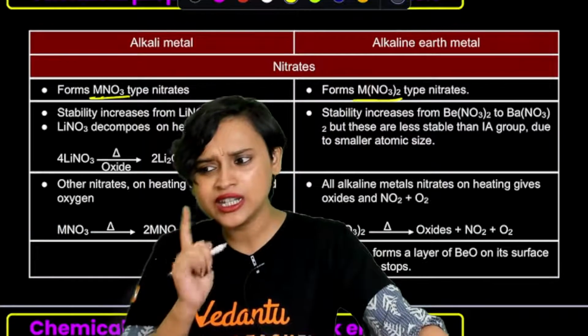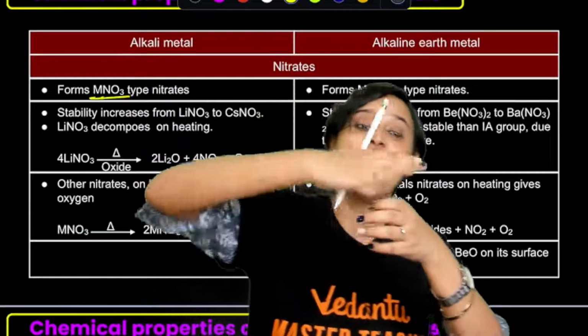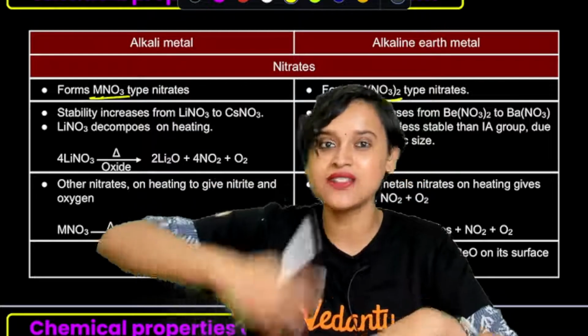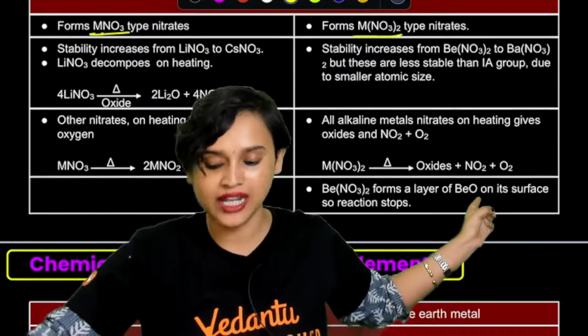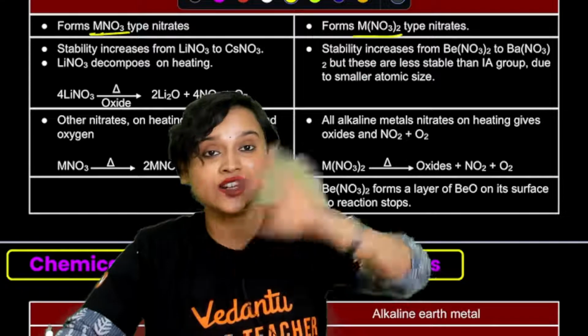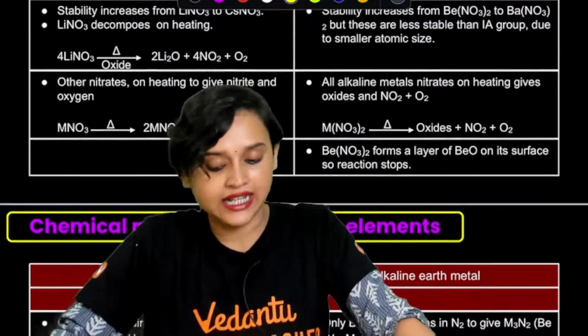Aluminium does not react very well because an oxide layer forms which makes it passive. A similar case happens with beryllium: it forms a layer of beryllium oxide on its surface and then becomes passive. It does not react anymore.